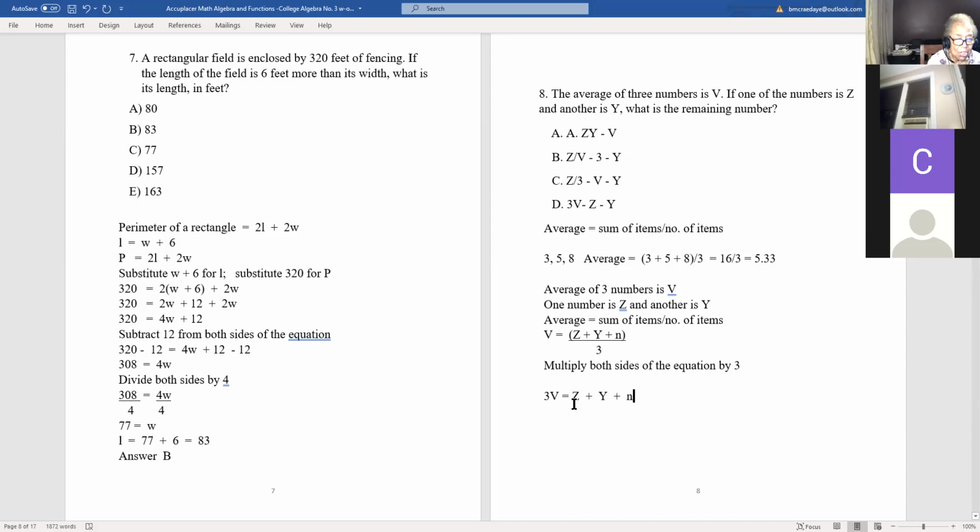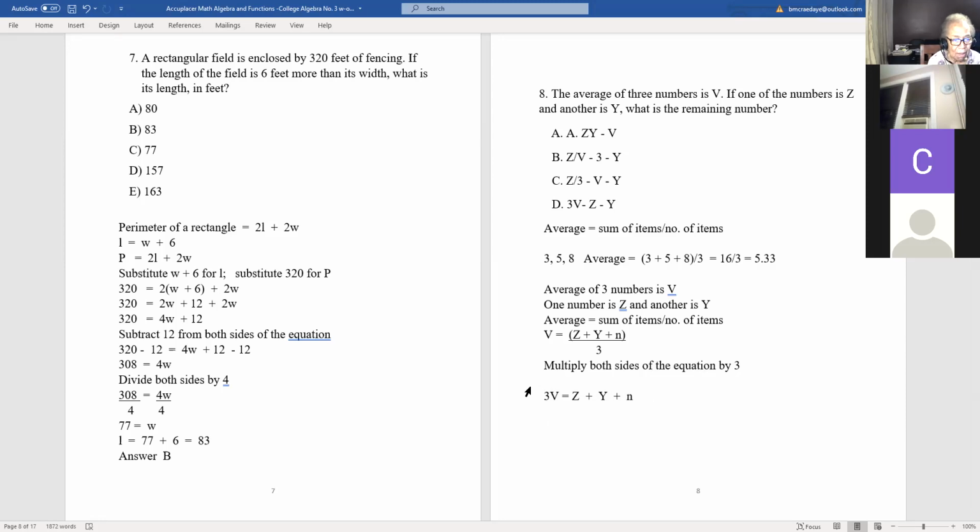Z and Y, right? And how is it connected? By addition. What's the opposite of addition? Subtraction. So what do I want to do to both sides, Chastity? Subtract. That's right. I said it before, you said no, but you didn't say what to subtract.